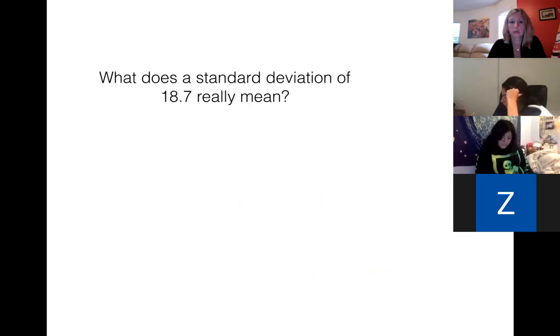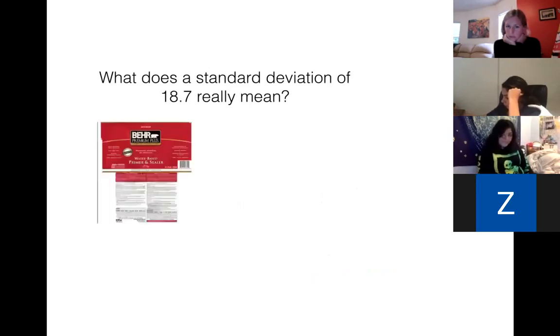Now, what does it mean? Let's talk about the practical implication, and then we'll be almost done for today. The standard deviation is something that would help you a lot. For example, let's say you're looking at a can of paint. Here's the wrapper up there on the screen. What kind of stuff do they write on the label of a paint can?